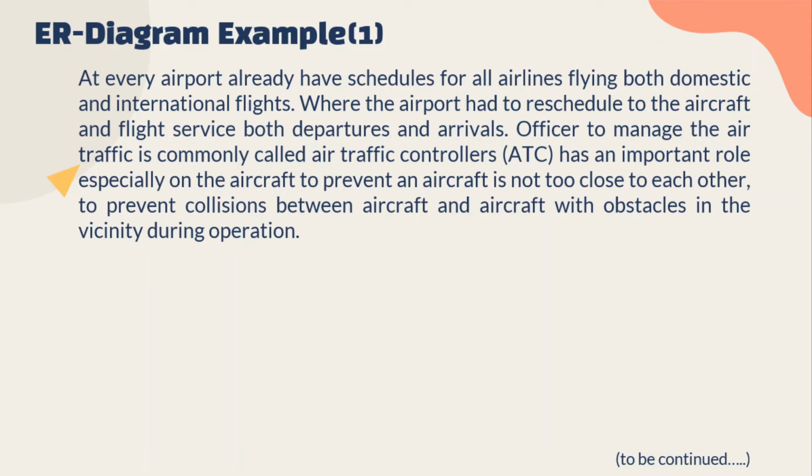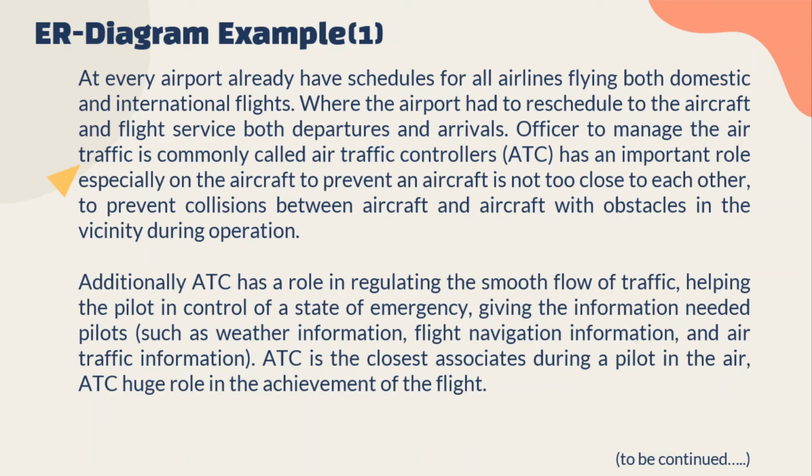And ATC has an important role, especially for aircraft, to prevent aircraft from being too close to each other, to prevent collision between aircraft and between aircraft and obstacles in the vicinity during operation.